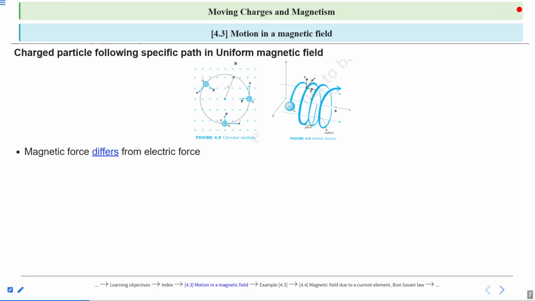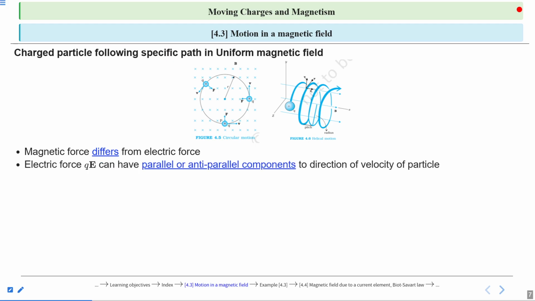So magnetic force differs from electric force. How? Electric force qE can have parallel or anti-parallel components to the direction of velocity of the particle. Because in an electric field, a positive charge will move in the direction of the electric field, and a negative charge will move opposite to the electric field.